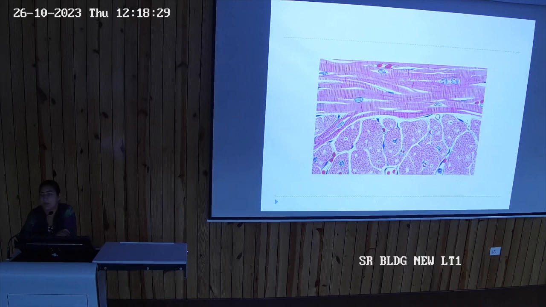Sit down. Now who will differentiate between the skeletal and the cardiac muscle fibers? What is the difference between the skeletal and the cardiac muscle fibers?